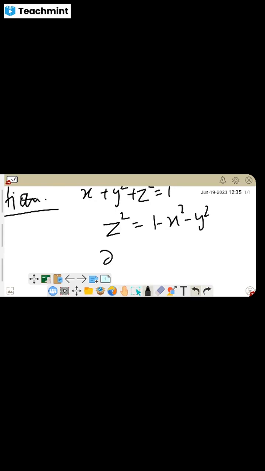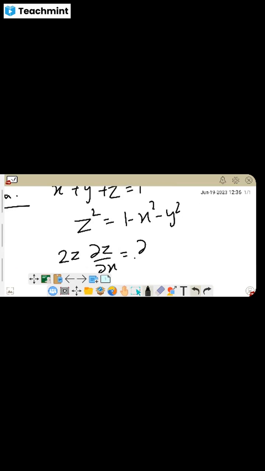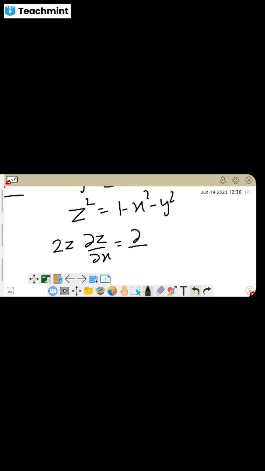So by using the power rule, we take 2z del z over del x is equal to del over del x of 1 minus x square minus y square.